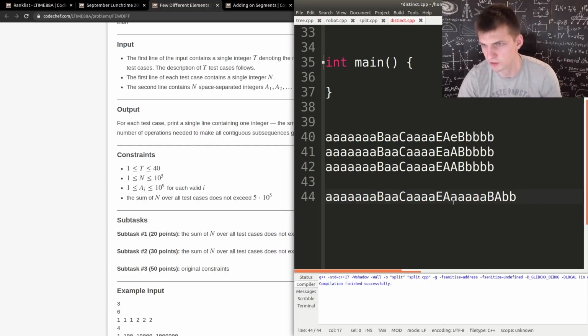So if A is here, that's possible. If A is here, we could as well change this to E.